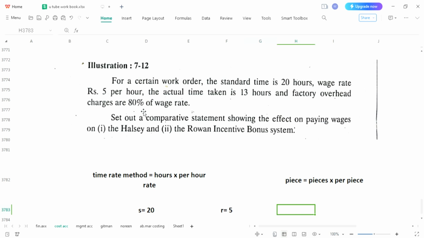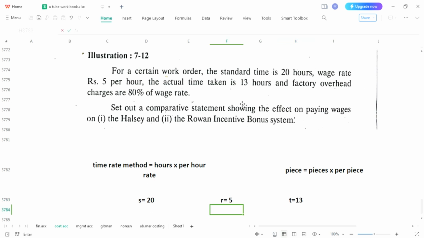Next is actual time taken. Time taken is T and it is 13. FH is charged at 80% of the wage rate. So in this way we will calculate FH, but later on we will see it.